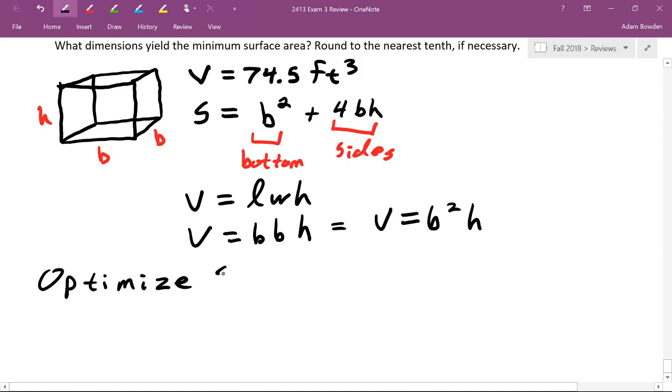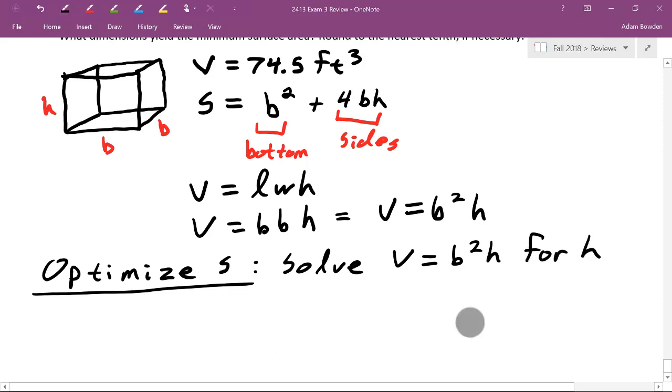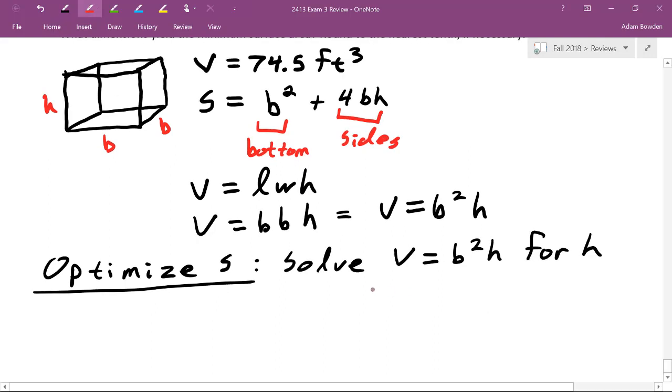Well, first thing we're going to do is write it in terms of one variable. So we're going to solve, first off, volume B squared H for H. Notice, however, our V is the 74.5, so we'll have 74.5 equals B squared H.